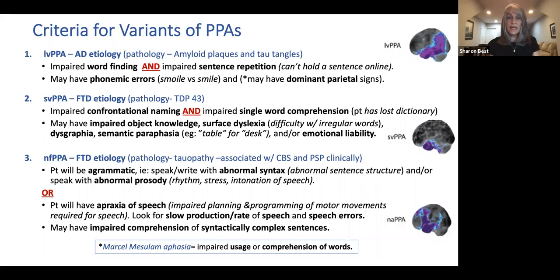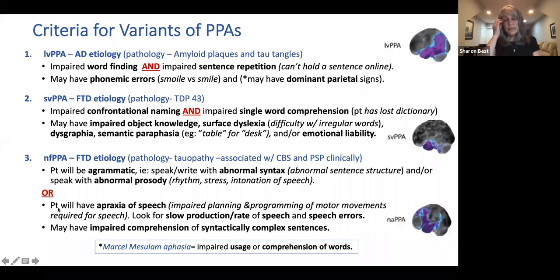And they also may have abnormal prosody of speech. Most of our speech has rhythm that goes up and down, and we have different intonations. Someone who has abnormal prosody may speak in a very monotone voice, or the patient may have apraxia of speech. So these first 2 bullets are the core criteria that must be met for the variant.